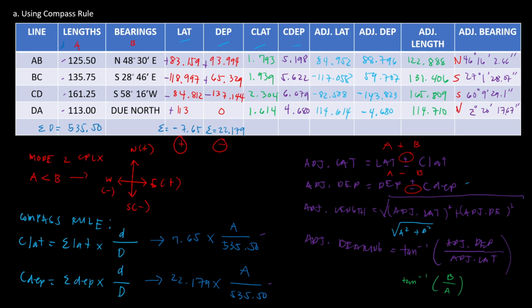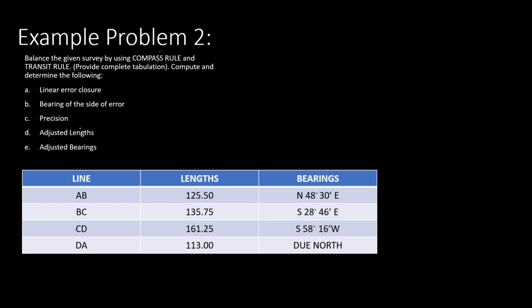And then, for departure, mag-base tayo dito, pag positive east, kapag negative west. So, this is positive, so this is east. Negative, so that is west. Ayan, so yan yung adjusted length and adjusted bearing natin.